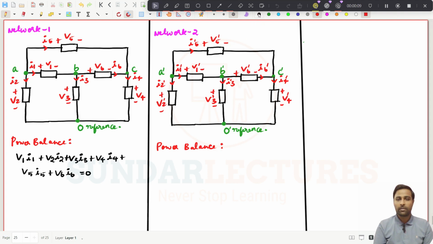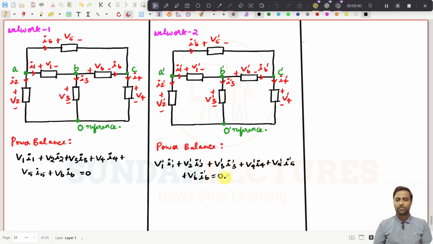Here also it will be the same. Every current is flowing from plus to minus in every element, and it should be V1 dash I1 dash plus V2 dash I2 dash plus V3 dash I3 dash plus V4 dash I4 dash plus V5 dash I5 dash plus V6 dash I6 dash equal to 0. So this is the power balance expression. For network 1, maybe I will write this as number 1 and this as number 2.